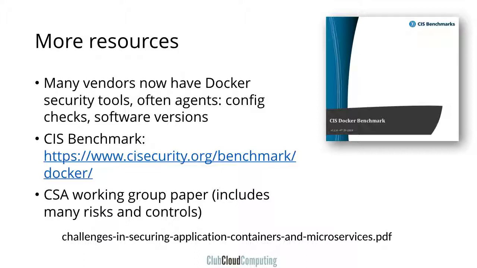The CIS benchmark is probably easier to implement, because it's like line by line activities. The CSA working group paper is a little less prescriptive, but has more background. So probably relevant to have a look at both of them. And that wraps up container and container security.